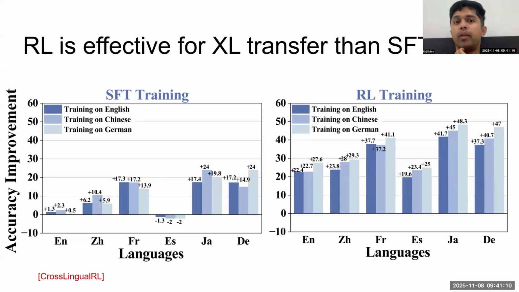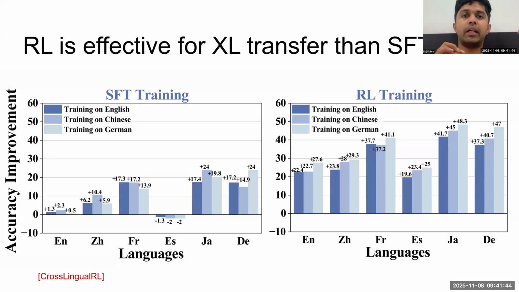Okay. Now, I think this should be fairly obvious. If you've done quite a bit of supervised fine tuning versus RL, you might note that the amount of cross-lingual transfer that can take place during SFT is pretty decent, but the amount of cross-lingual transfer that takes place during RL is a lot more, because during SFT, we give specific token-wise supervision.